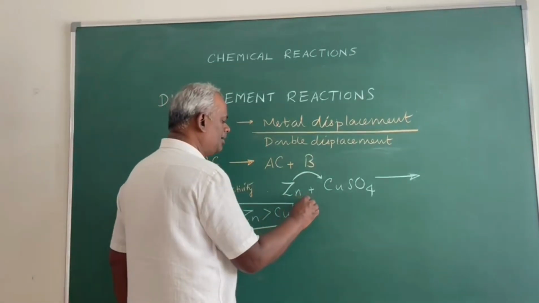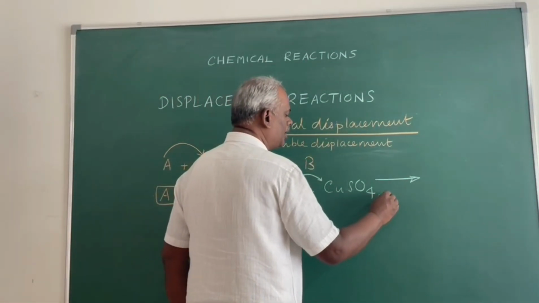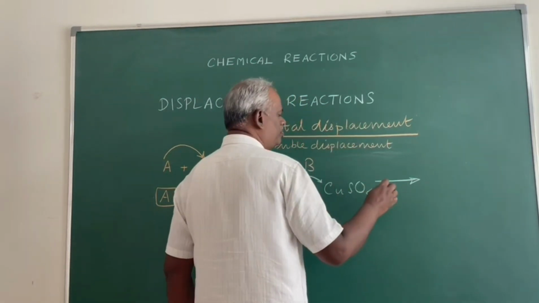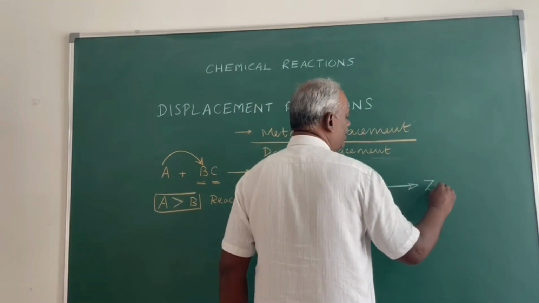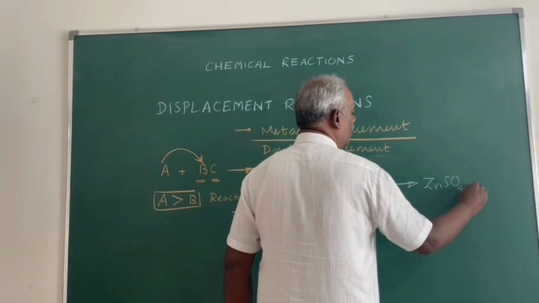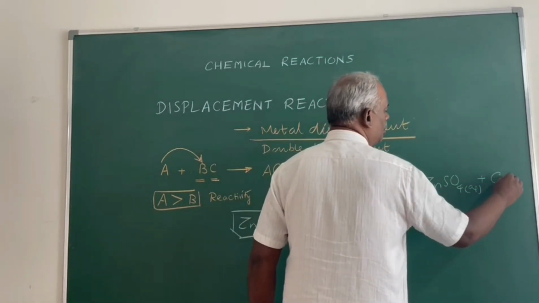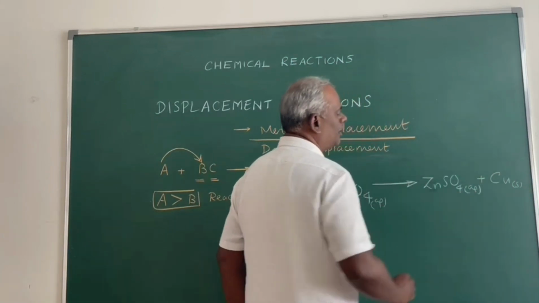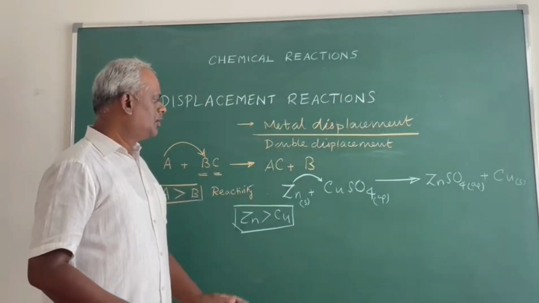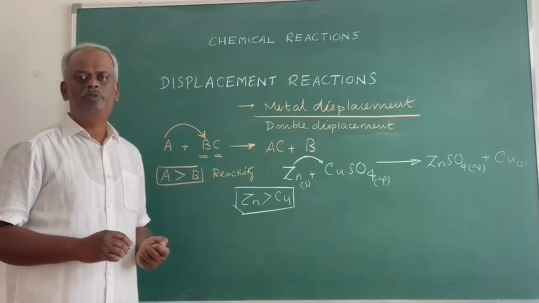Zn is a solid and this is an aqueous solution. After the displacement, the products formed are ZnSO4 aqueous, and copper is released from the copper sulfate. So it is another example of metal displacement reaction.